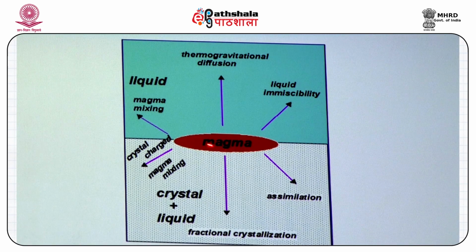Now, if this magma comes from the asthenosphere or the mantle, then it is going to be a more mafic magma. It will generate crystals, which to start with will be olivine. If lots of olivine crystals form, they will settle down and the magma composition will change to a new magma.